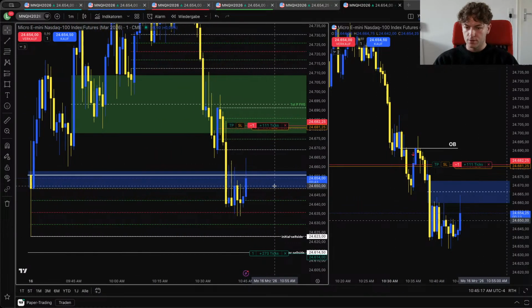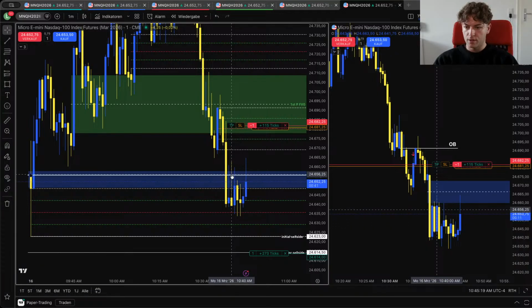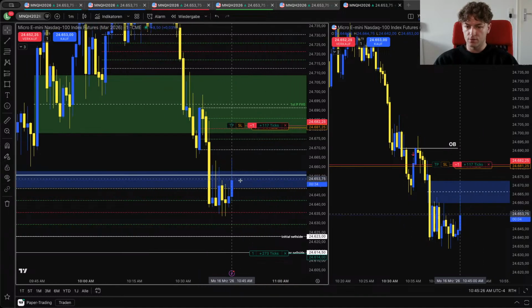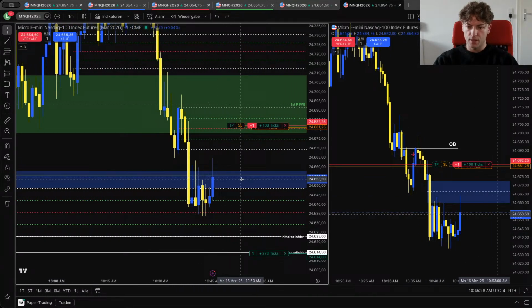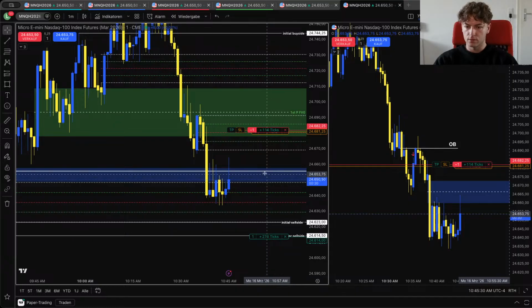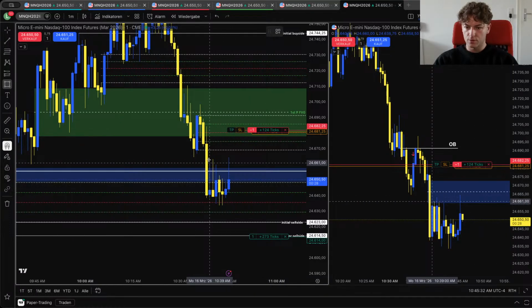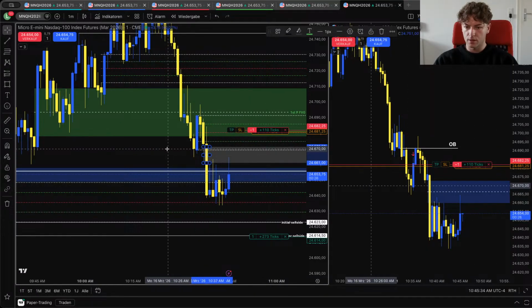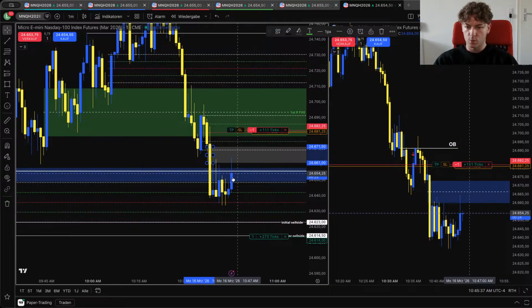So can you see how we are only able to wick up above this opening level, but the body is respected so far? That's indicating weakness. And now we've traded up into this fair value gap again. Let's see where the body closes.